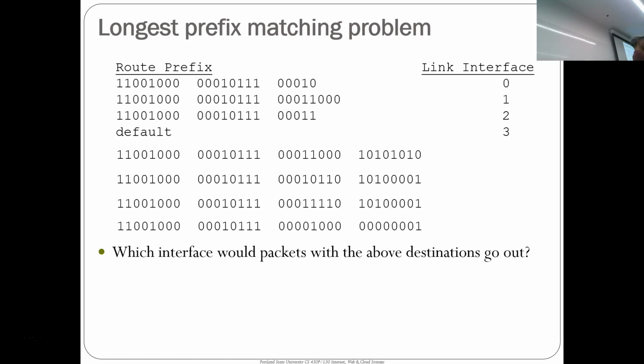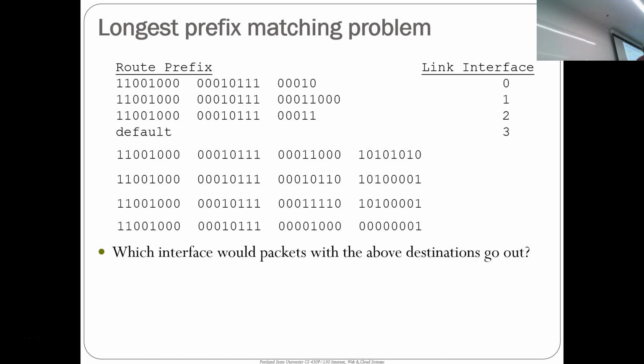So the routing protocol generates the forwarding table. This is the forwarding table. And the forwarding table takes a bunch of prefixes and says, if you match any of these, go on this interface. Now, if you match on multiple ones, so for example, this route and this route overlap, right? I can have a packet that matches both of those.